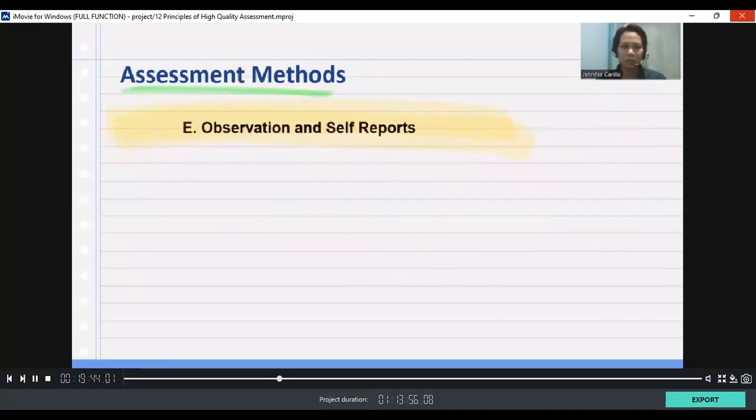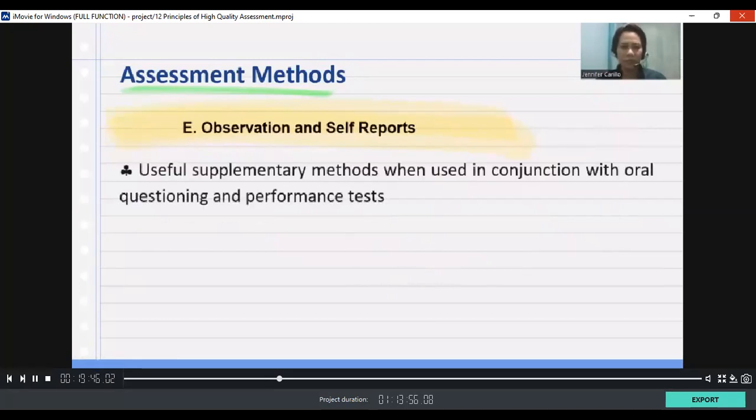Another is observation and self-reports. So it is a useful supplementary method when used in conjunction with oral questioning and performance tests. So you can make an observation and you might also ask the students at the same time.